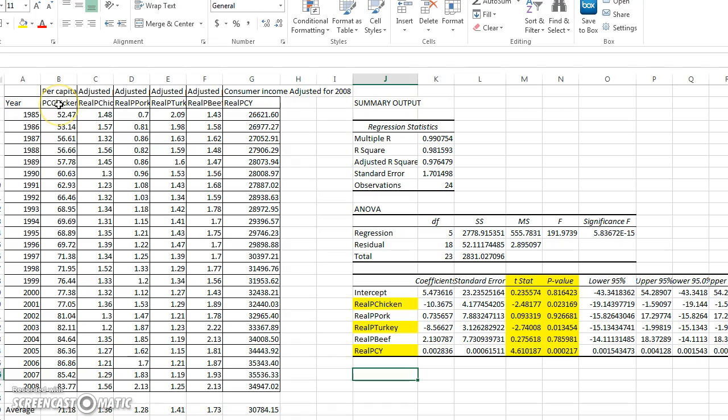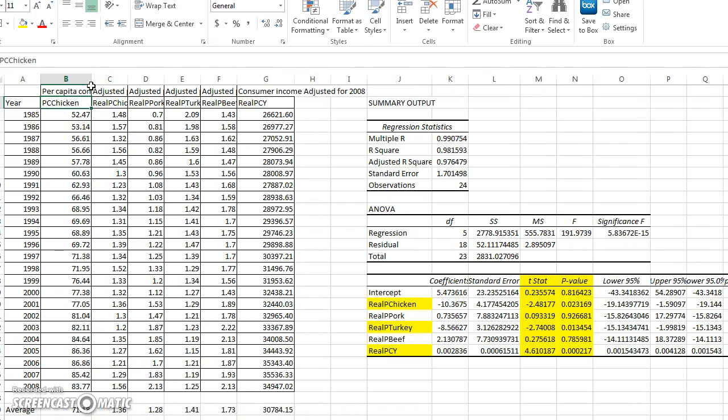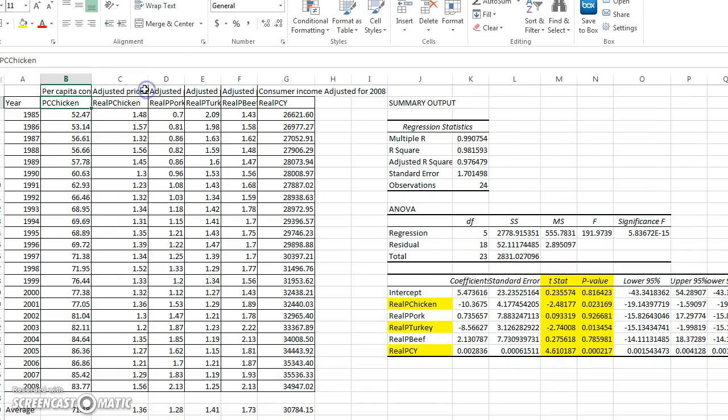regression. So in this new regression, my left hand side is still the per capita consumption of chicken, which is my Q. On my right hand side, I'm going to include my real price of chicken as my first explanatory variable, and I'm also going to include the real per capita income.